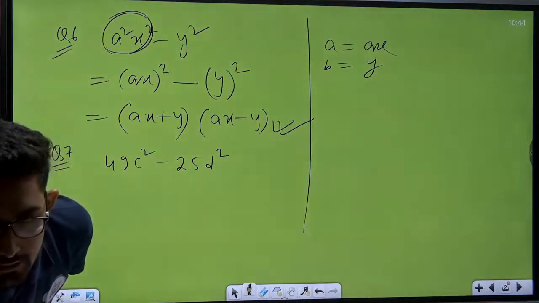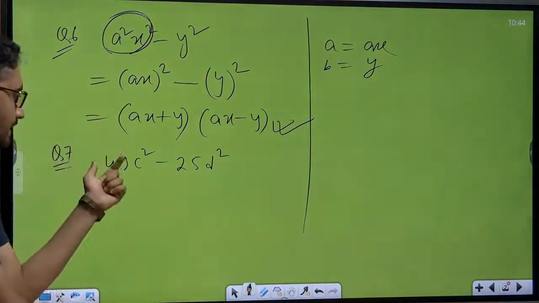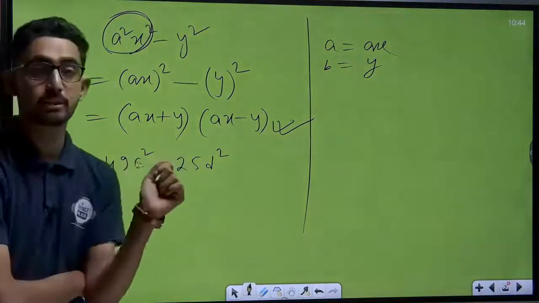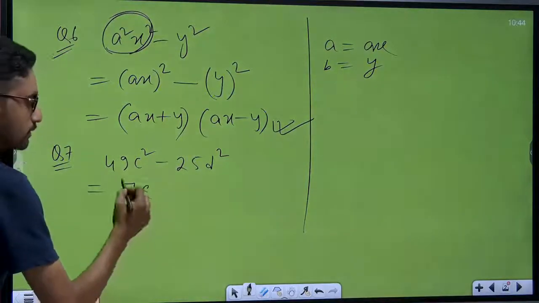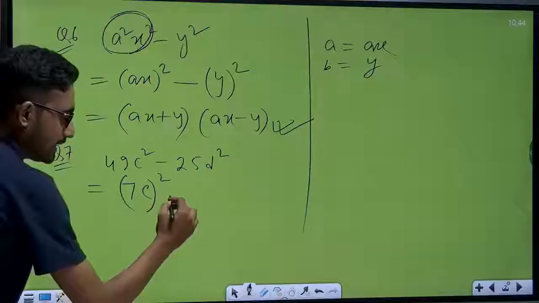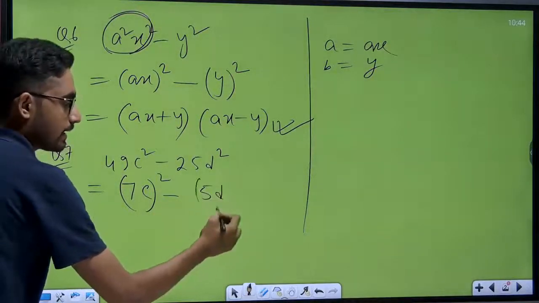Complete fast. 49c square is the value, is the expression, is the term that is which number square? We can write down (7c) whole square. We can't write down only 7 because c square is also there. Now minus 25d square, we can say (5d) whole square.